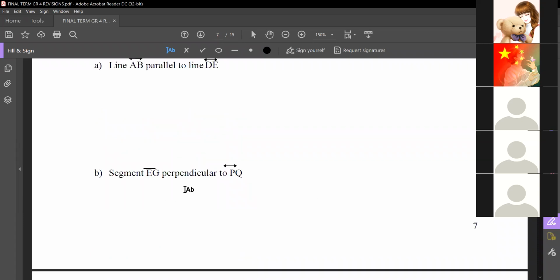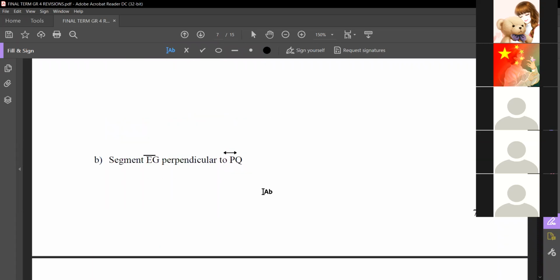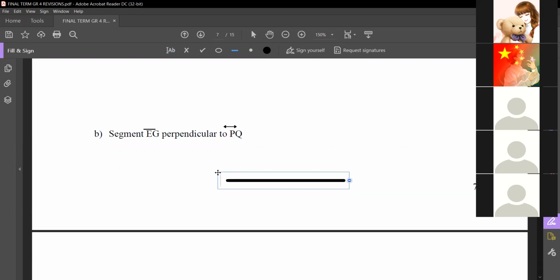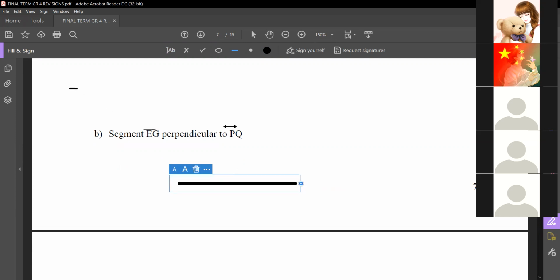Okay, so how to draw a perpendicular line? Never mind, I'll try to draw for you all. I just draw here. This is a perpendicular line, but how many arrows should you have here? Class, how many arrows here?